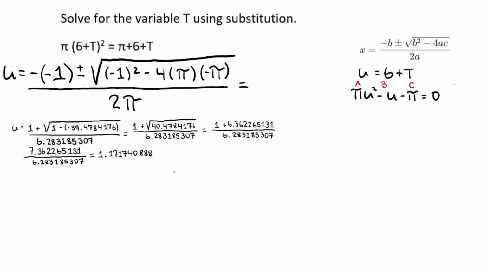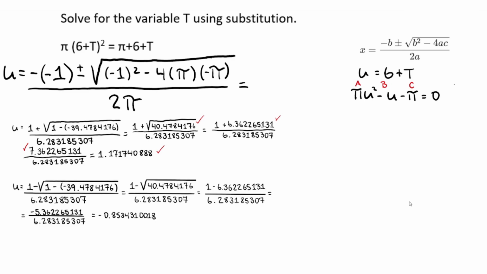And then we added the two numbers underneath the square root, and then we took the square root here. So we add the numbers underneath the square root, giving us this. And then we took the square root, giving us this number here, and we added them together, giving this number. Then we divided them, and that gives us our first solution for u.